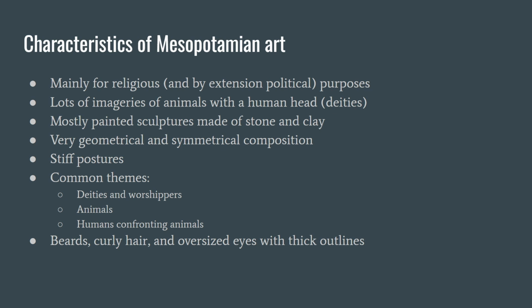Later on in the semester, we'll be talking about the differences between fine art and design and illustration. In this case, they're more like illustrations of religious figures and religious events, and illustrations of war and a little bit of daily life.